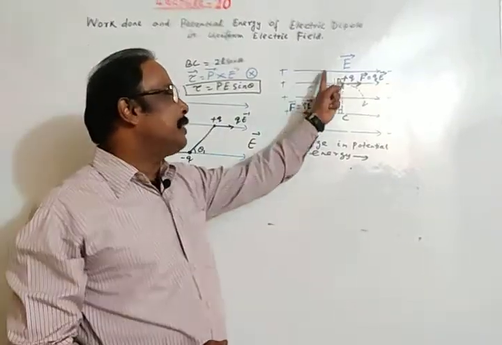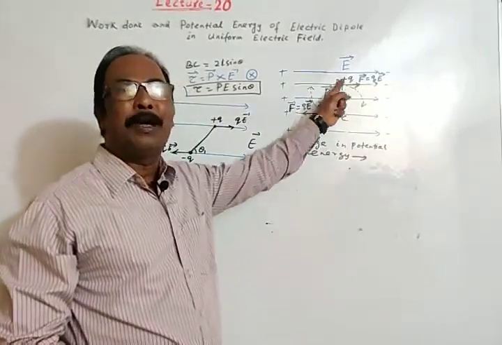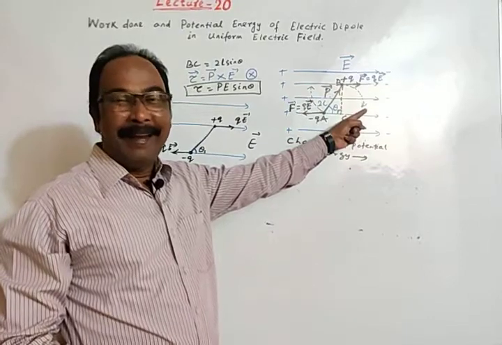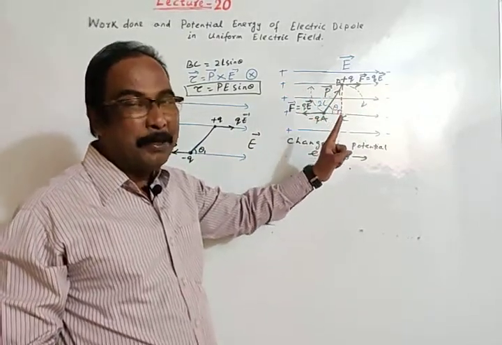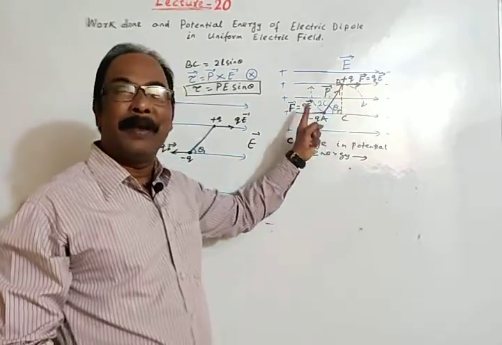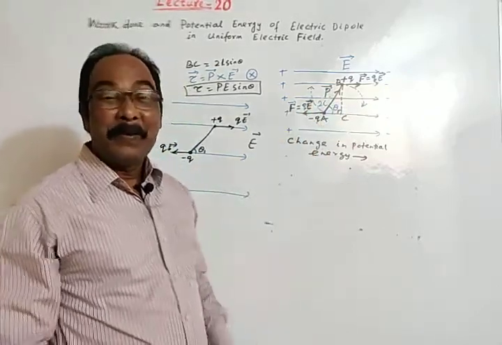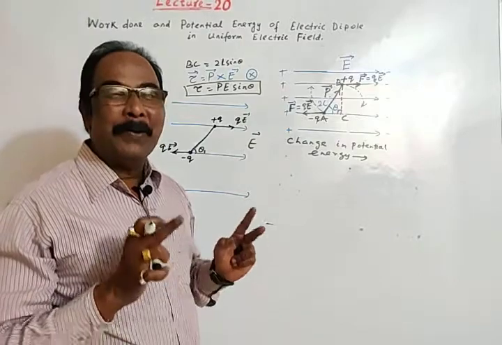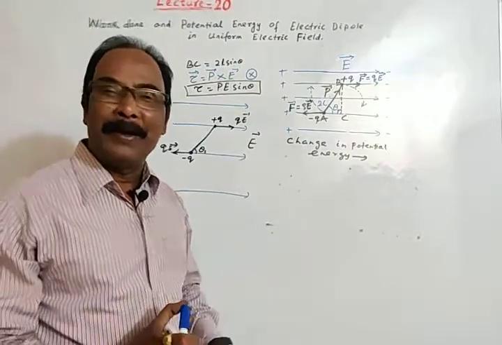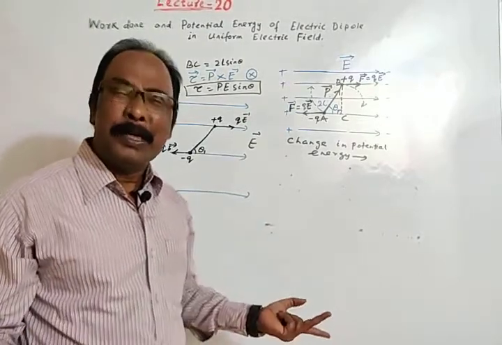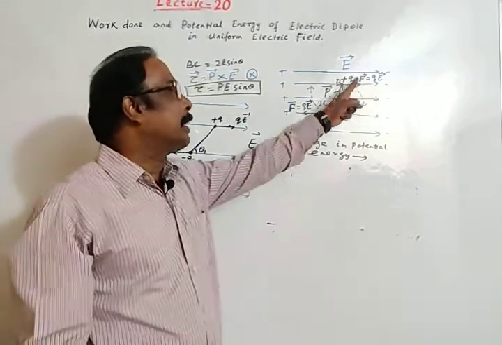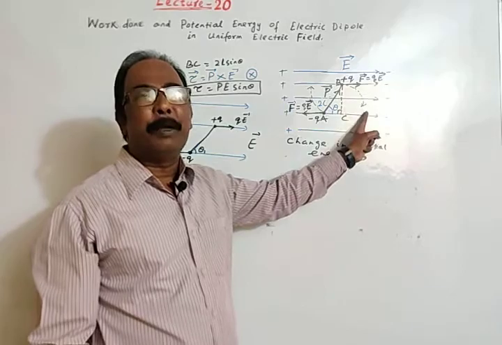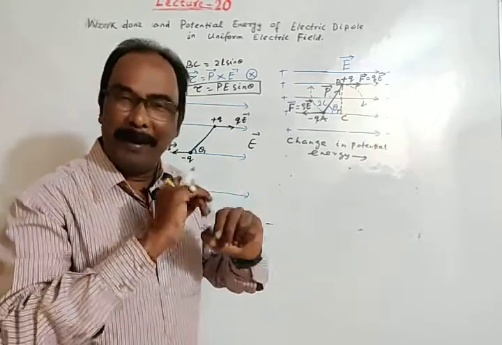If the dipole is rotated in clockwise order, then who is responsible to rotate the dipole in clockwise order? Torque is responsible. But here torque is due to the presence of the electric field.